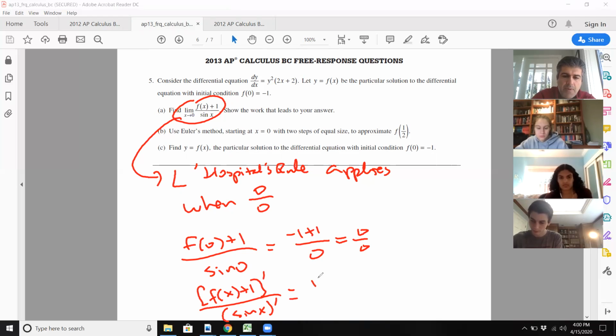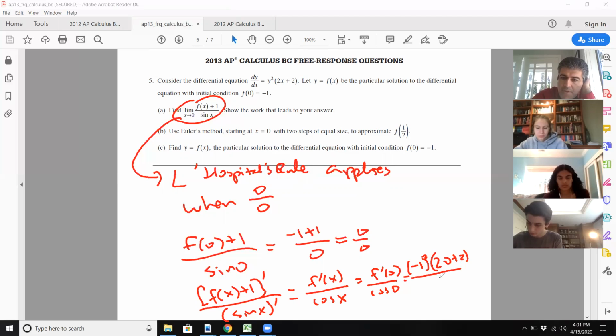If you do that correctly, you get f prime of x over cos x. Now it's going to be f prime of 0 over cos of 0. F prime of 0, we worked out earlier, is going to be (-1) squared times 2 times 0 plus 2 over cos 0, which is 1. (-1) squared is 1 times 2, so you just get 2 straight up.